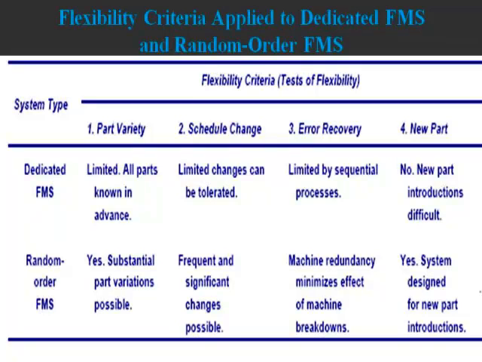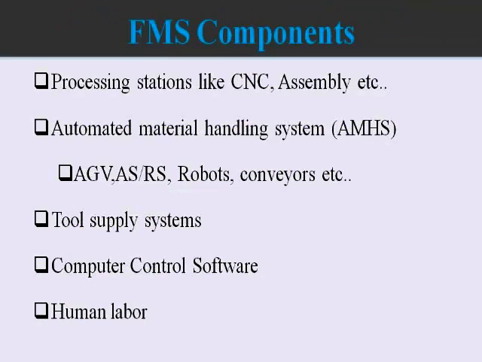Tomorrow, if you want to implement an FMS in your factory, or convert your conventional production system into a flexible manufacturing system, you must know the important components of an FMS. The processing stations must be computer numerical control machines or automated assembly machines. They must be computer controlled, with automatic controls, PLC based or computer based.